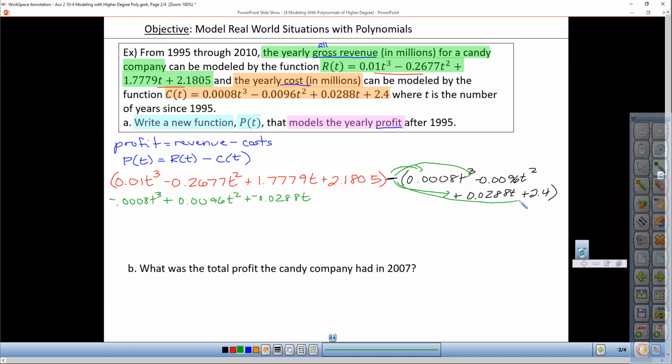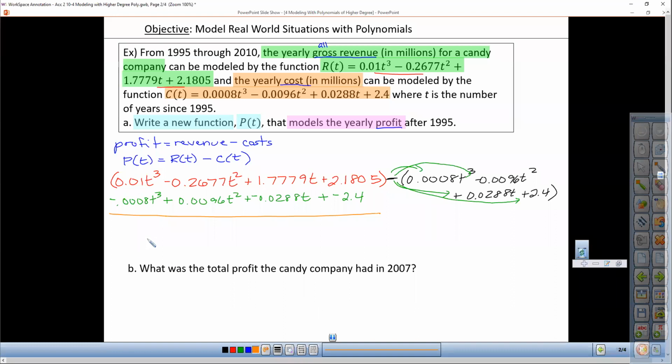And I'm subtracting another positive, so you can either write it as minus or plus negative 2.4, like so. So I have already done my subtraction, meaning I've distributed my negative sign, so now I'm going to combine my like terms with the signs that I currently have in green. All right, let's use a calculator now to help us with that.